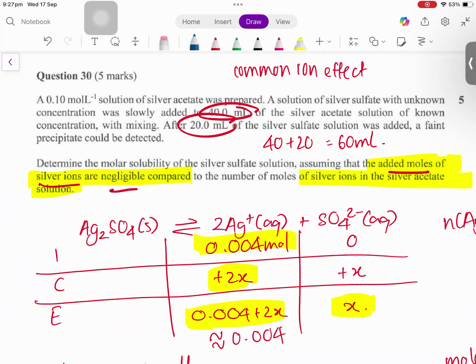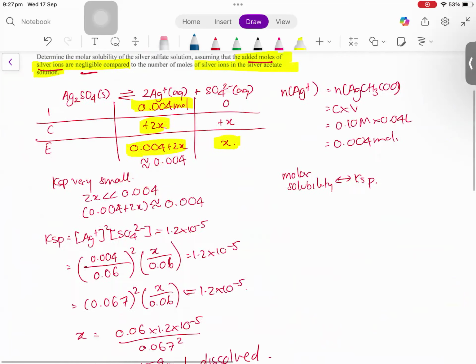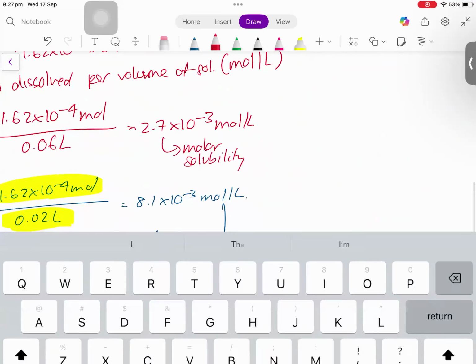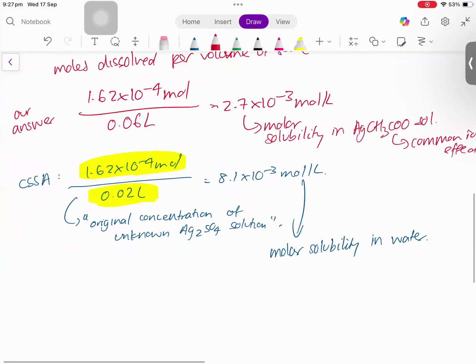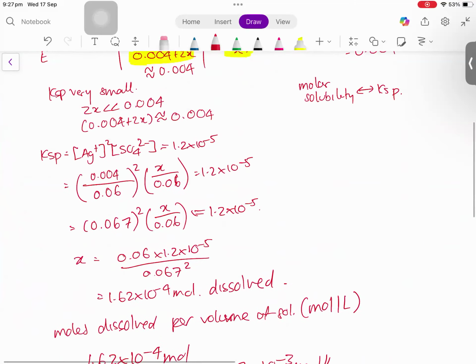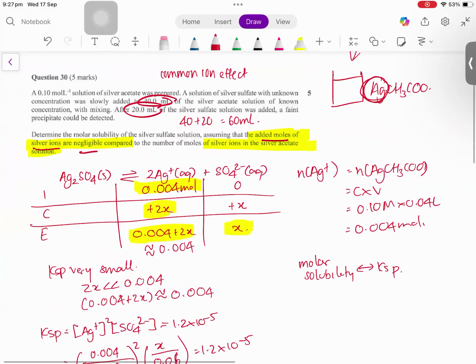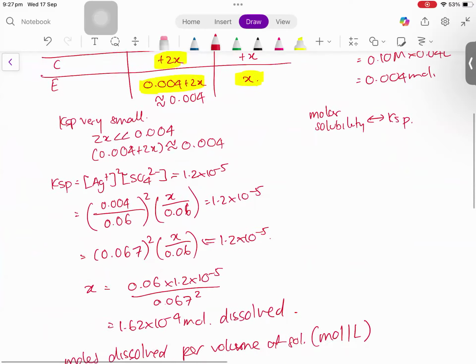So if you divide by the 0.06, that's the molar solubility in the silver acetate solution, which is a common ion effect question. If you divide by the 0.02, that's the molar solubility in water, which is why, if you have a common ion, the solubility decreases, and why our answer is slightly smaller than their answer. The question never implied where they wanted the molar solubility to be calculated.